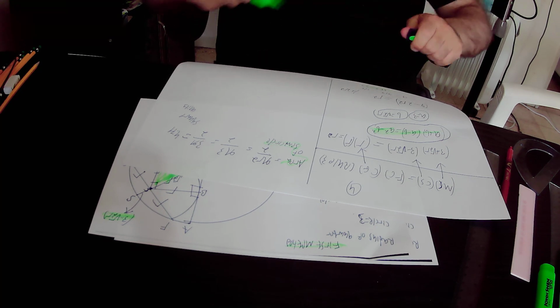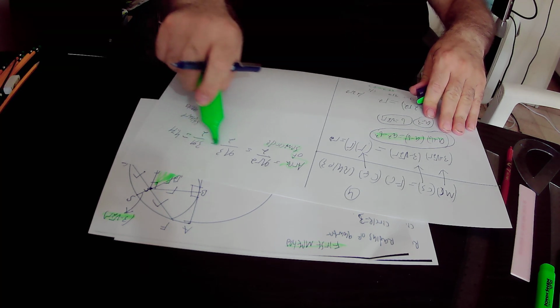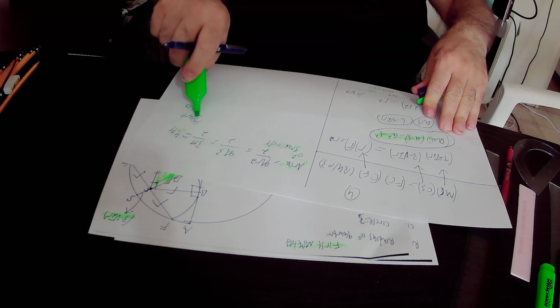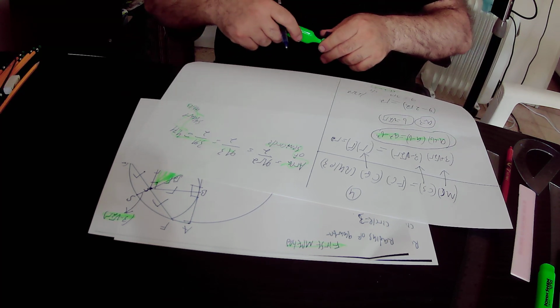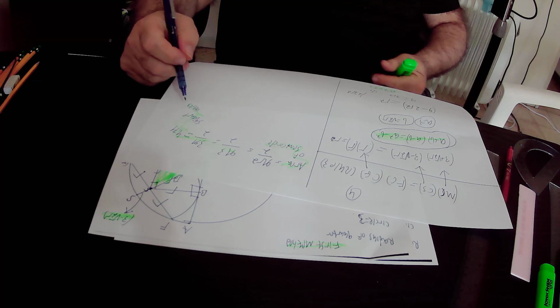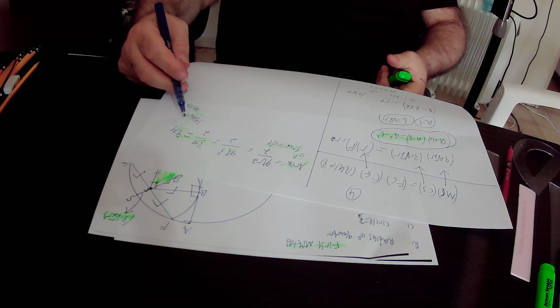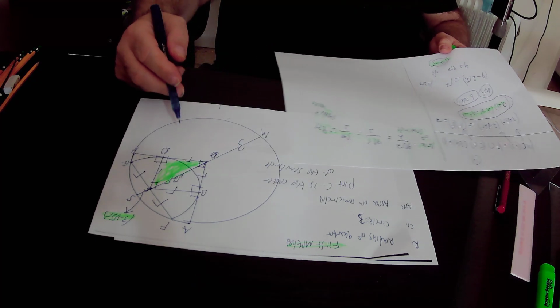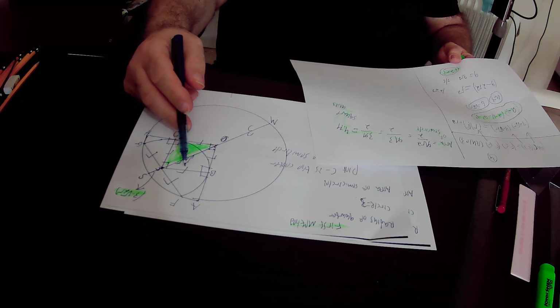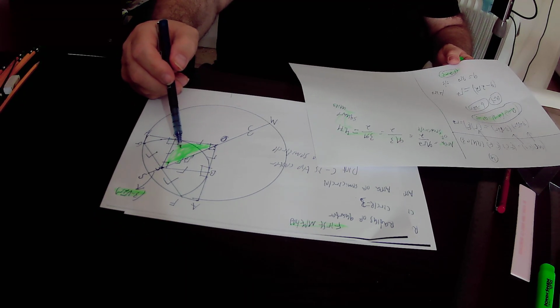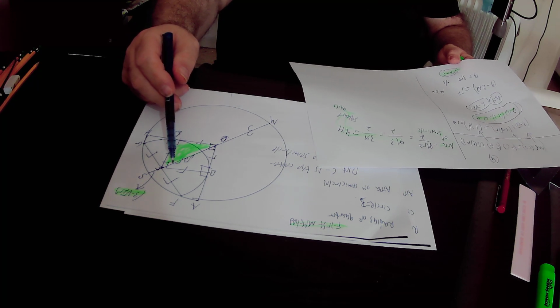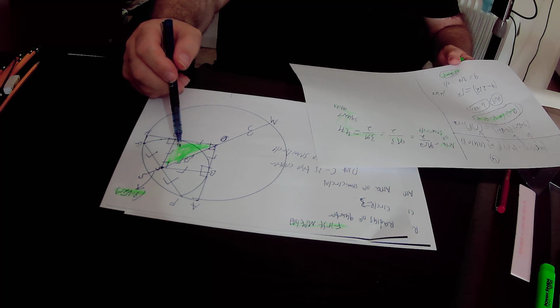Okay, the area of this semicircle equals either 3 pi over 2 square units, or in terms of numbers, 4.71 square units.